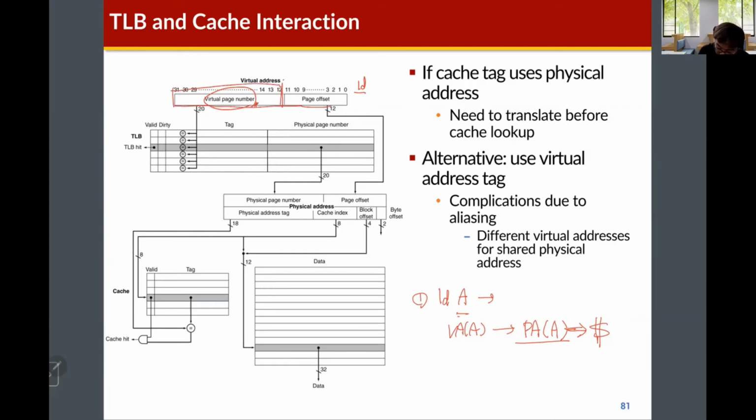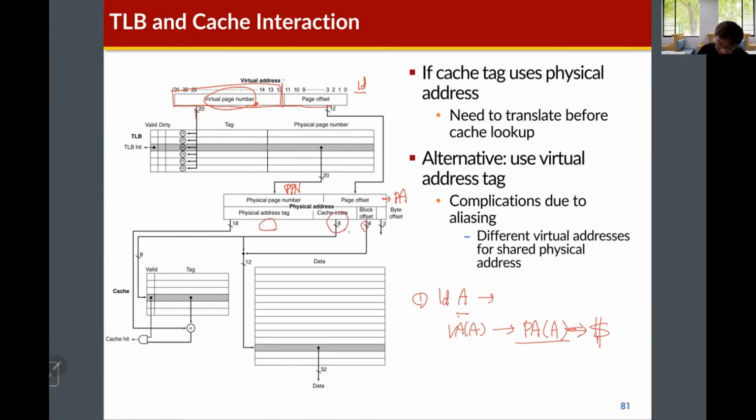If we access this TLB and it's a TLB hit, then we can get the physical page number. The page offset is just copied and concatenated to the physical page number, so this is the physical address. Then this physical address is split into the tag part, the index part of the cache, and the block offset.